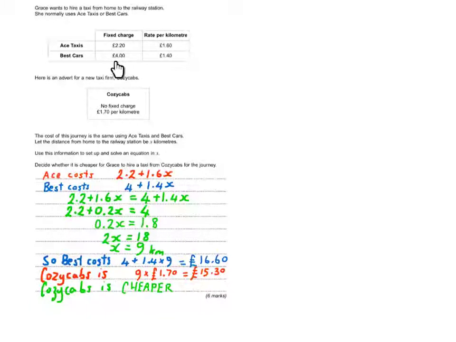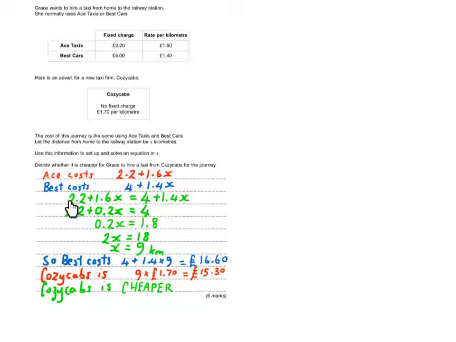Meanwhile, B, Best Cars, has a fixed charge of £4 plus £1.40 for each kilometre. So their cost is 4 plus 1.4x. Now, it says that Grace wants to go home from the railway station, and the cost of this journey is the same, whether it's Ace or Best Cars.